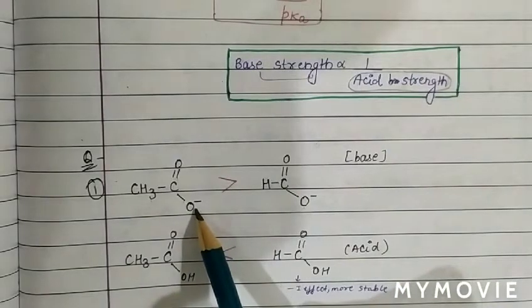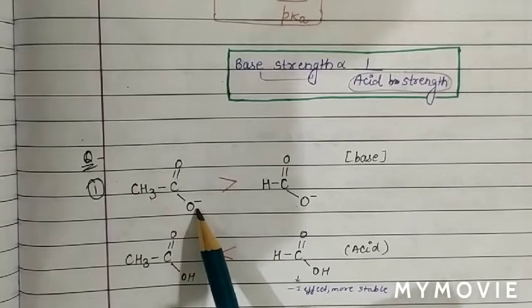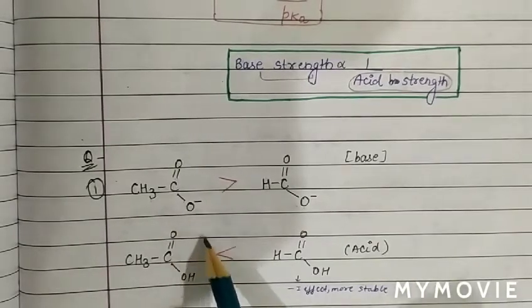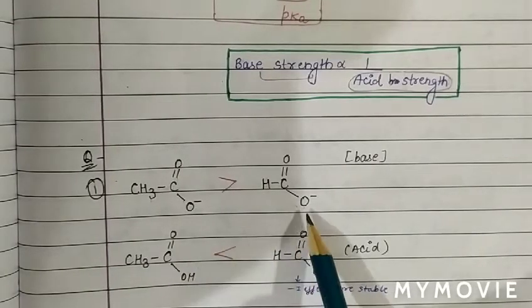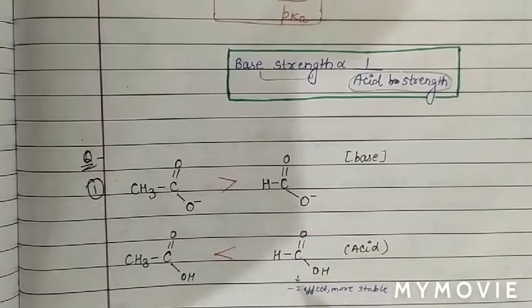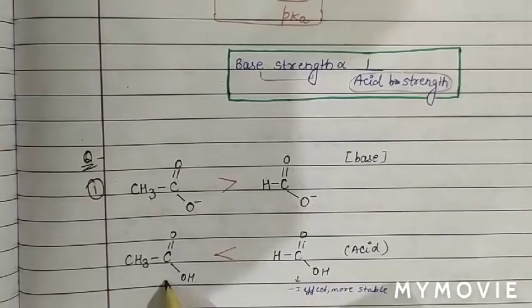As we have the negatively charged ion, after gain of proton, because this is the conjugate base of this acid. So after gain of proton, the conjugate base will change into acid, and after gain of proton it will also change into acid.